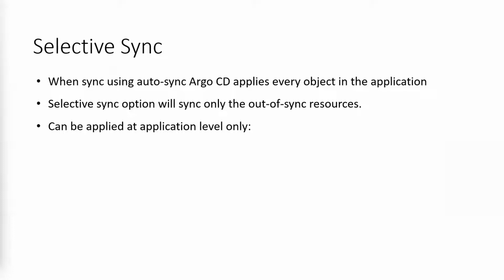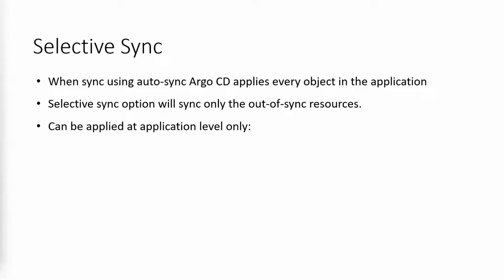Okay, next. The next option is selective sync. What is selective sync? Whenever we enable options on ArgoCD, it will automatically sync each and every resource. It doesn't matter whether the application is needed or not; it just keeps checking all the files and validating. But with selective sync, what happens?